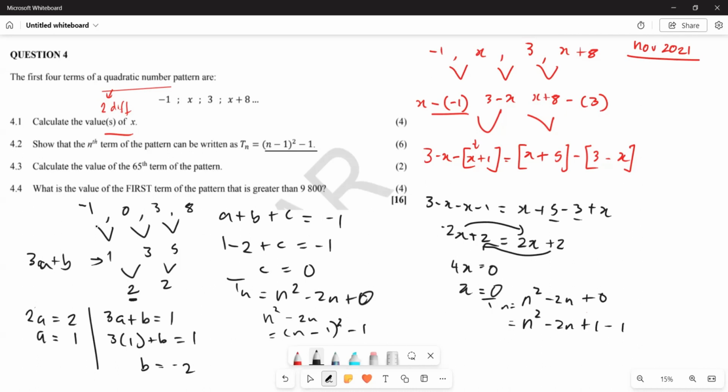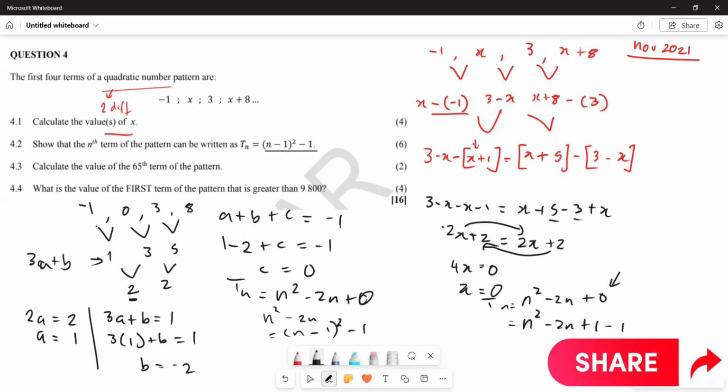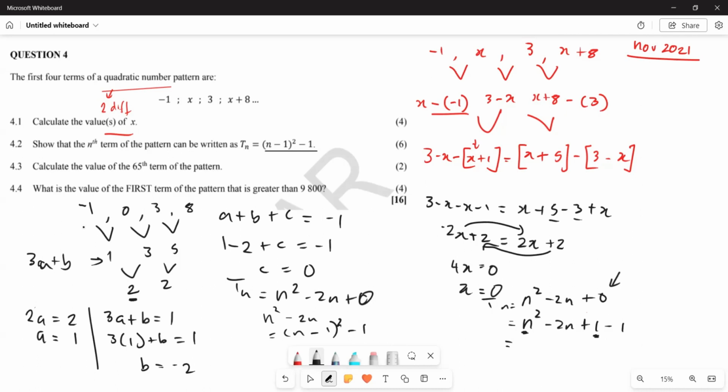When you say plus 1 subtract 1, can you see that this is still going to give you your 0, right? And now when you're having this one, what is it that you're going to have? This is a square number, right? So basically, which means this is going to be your perfect square, right? So when you are solving this as your perfect square, this is same as n subtract 1 all squared subtract this particular one, isn't it?